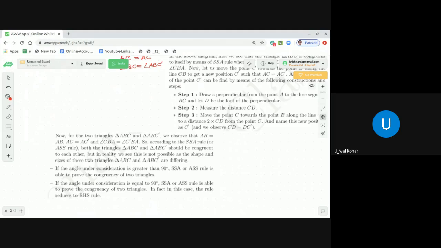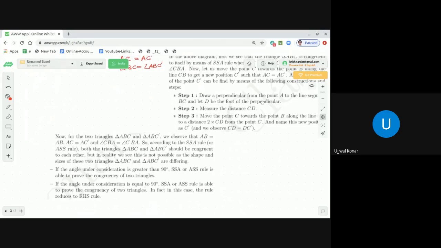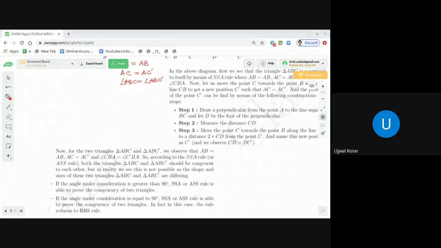If the diagram is not visible, I can keep the diagram here so that you can go through it and make a proper understanding while going through the statement. Now for the two triangles ABC and ABC dash, we observe that AB is equal to AB, AC is equal to AC dash, and angle CBA is equal to angle C dash BA.